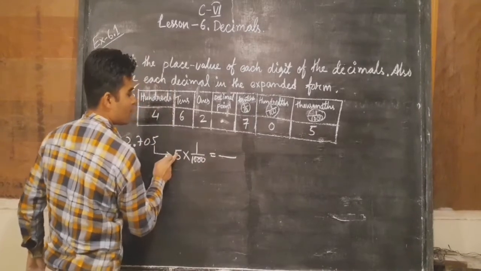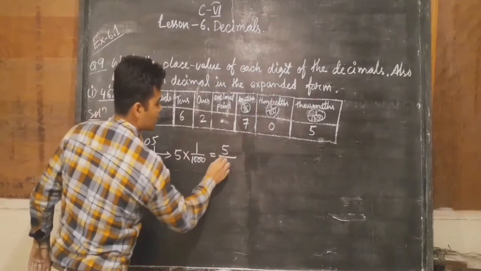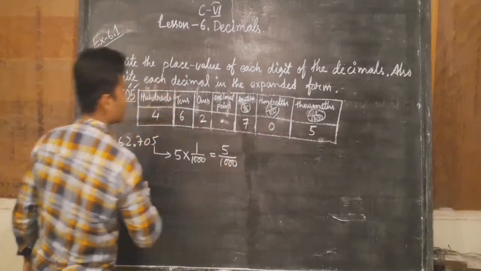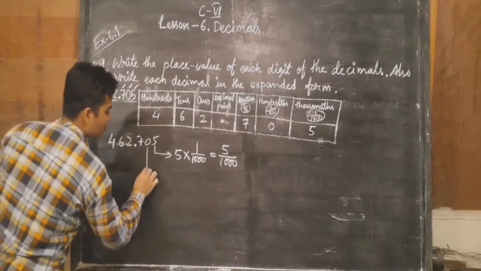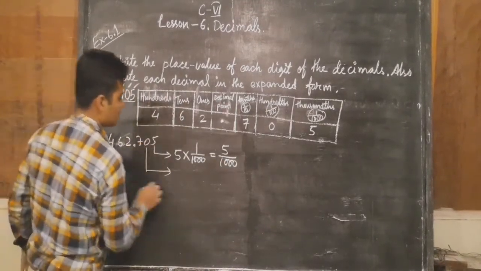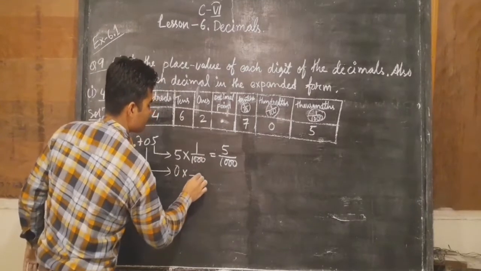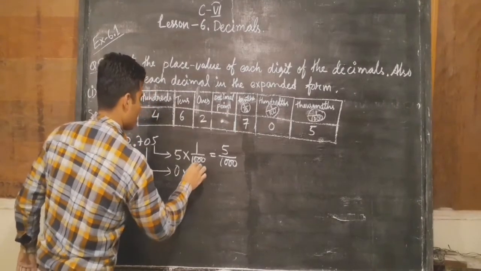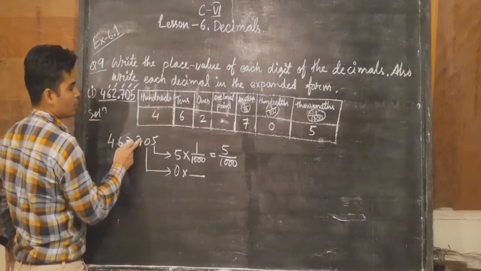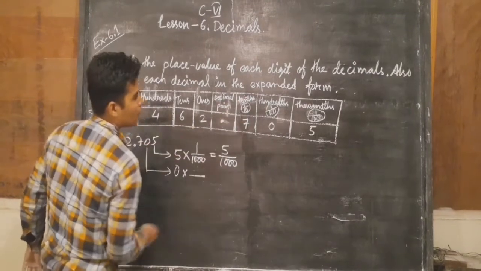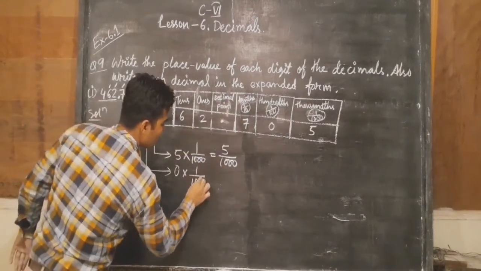Then we will get 5 into 1 is 5, and this 1000 will be as it is. Now move to the next digit. You can see this 0 into, which place is it in? 100 place. So we will multiply 1 by 100.